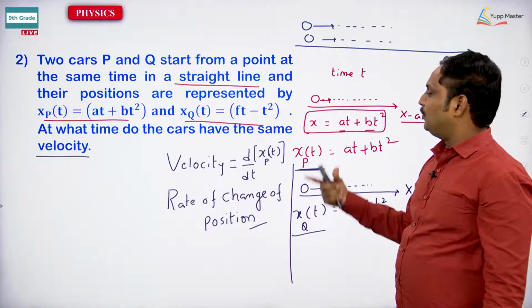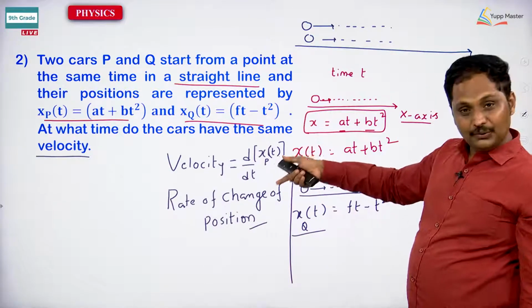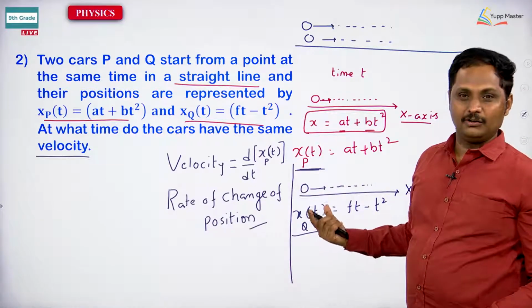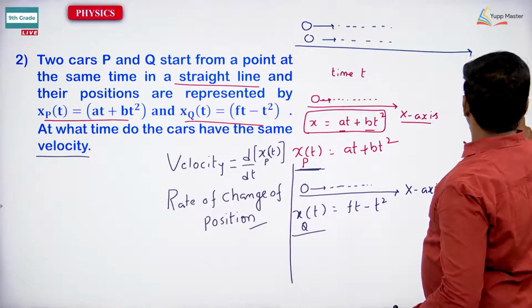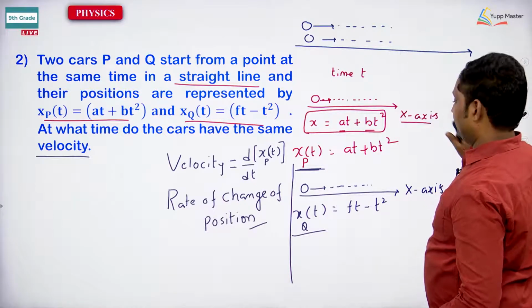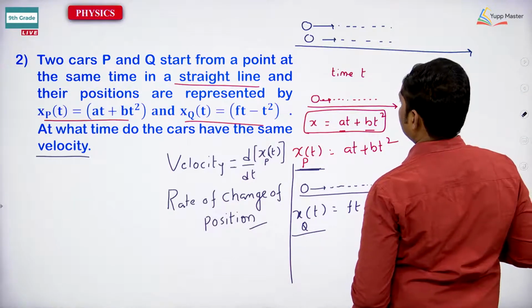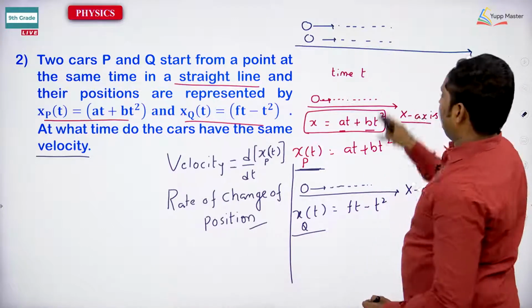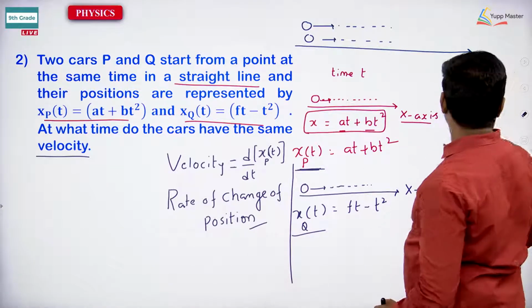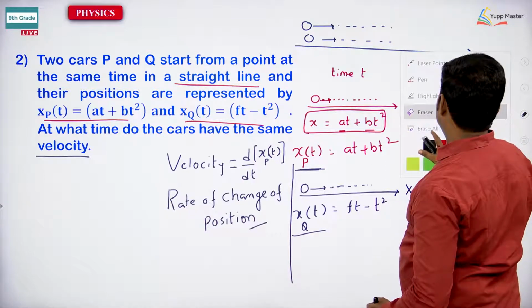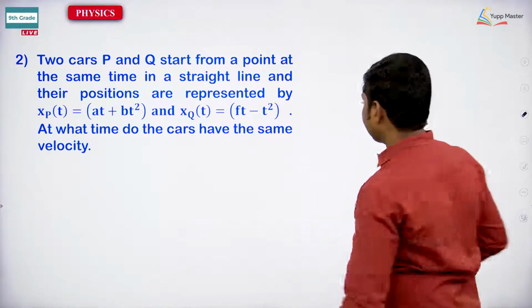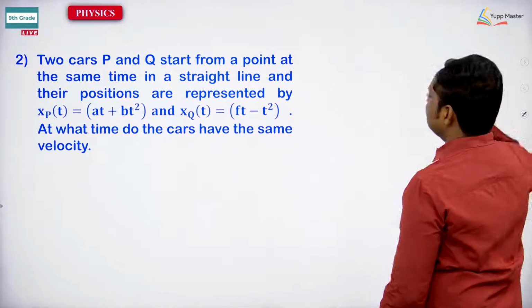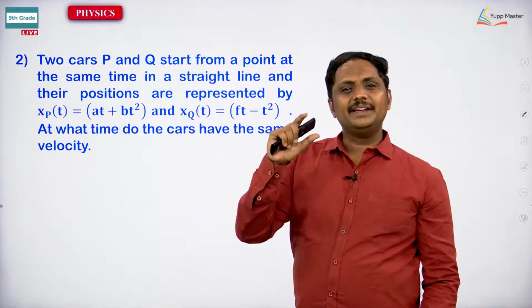Right. Now, you can take that for the first car and second car, that is P and Q. We can easily solve this problem by taking some space. Let us solve this problem. When did they meet?